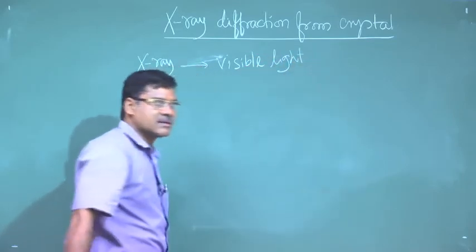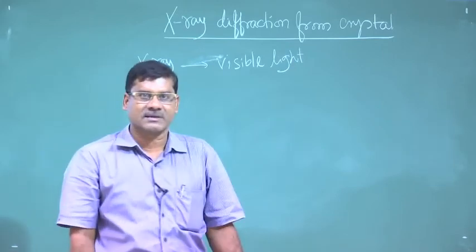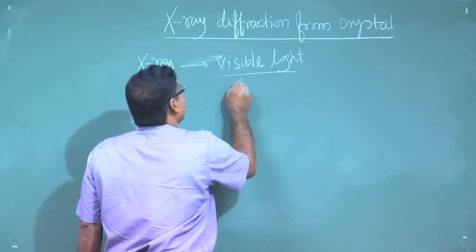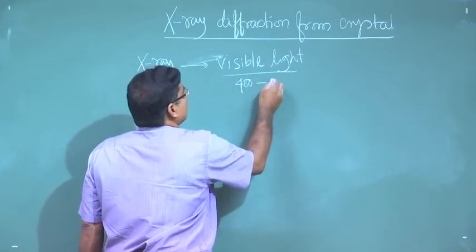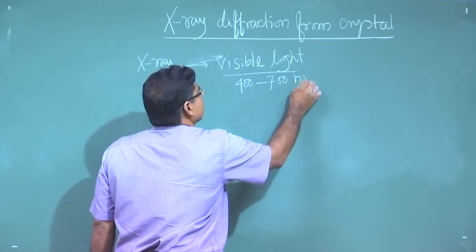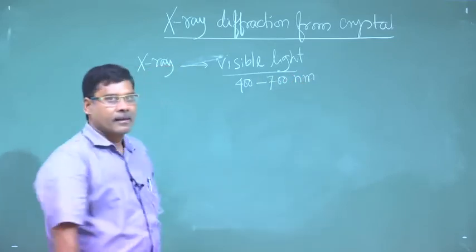Only difference is the wavelength or frequency. So, visible light, you know, this wavelength is in the range of 400 to 700 nanometers, right.